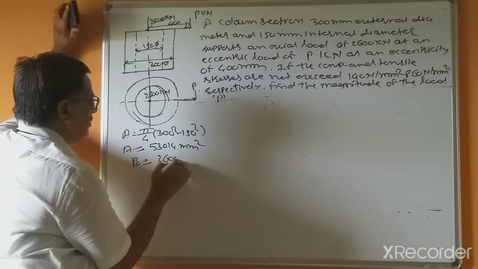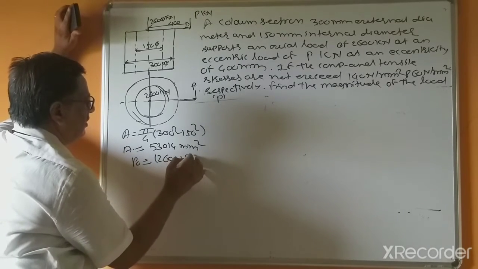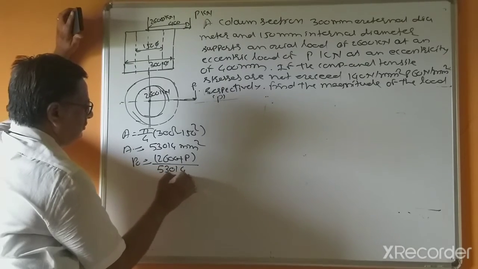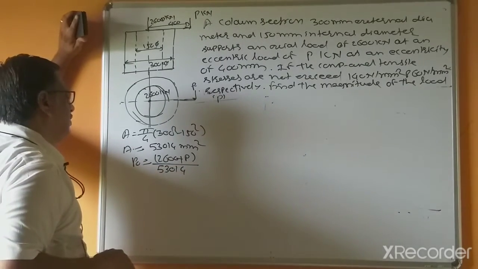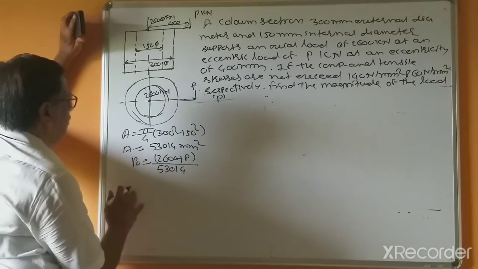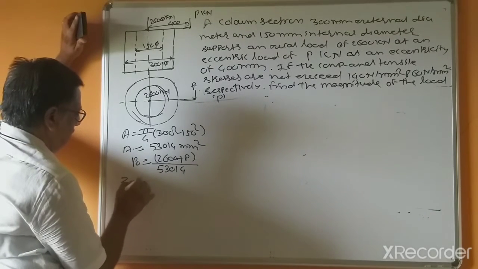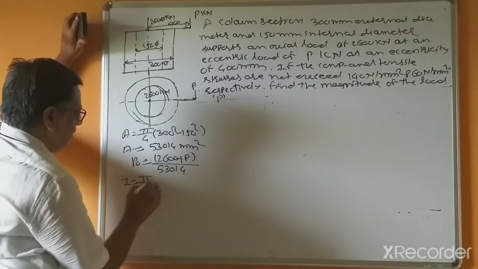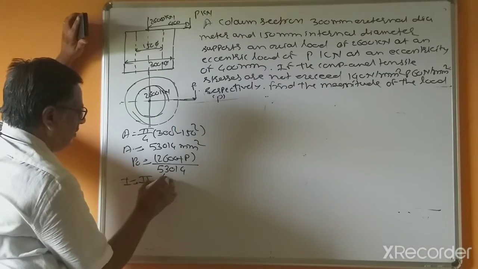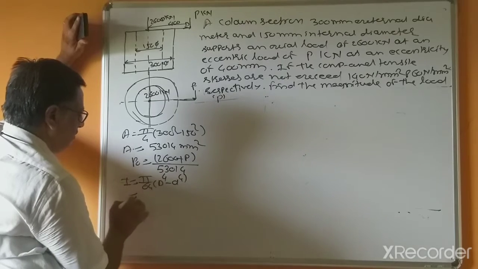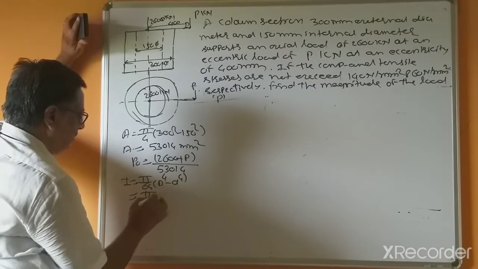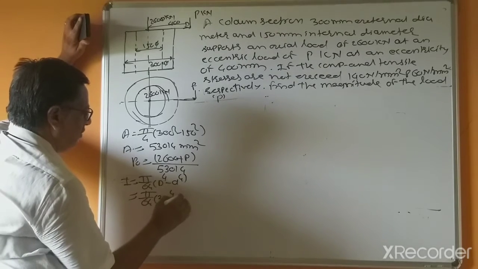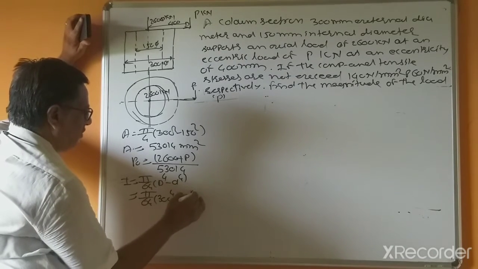2600 plus P divided by area. Otherwise, moment of inertia, pi by 64, capital D raised to 4 minus small d raised to 4, pi by 64, 300 raised to 4 minus 150 raised to 4.